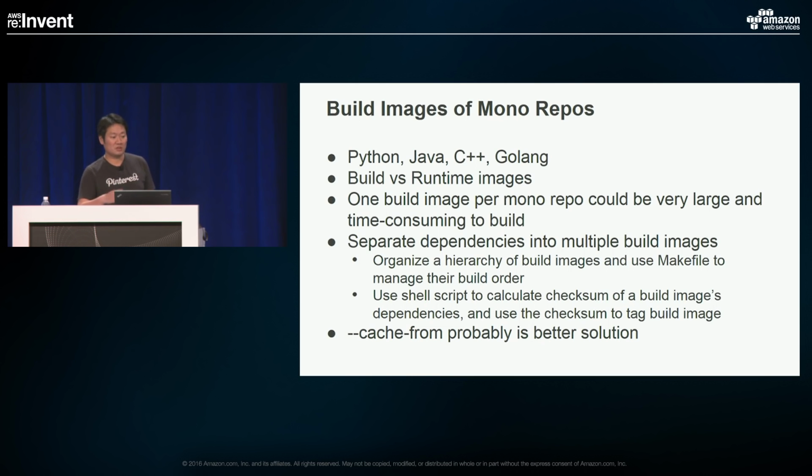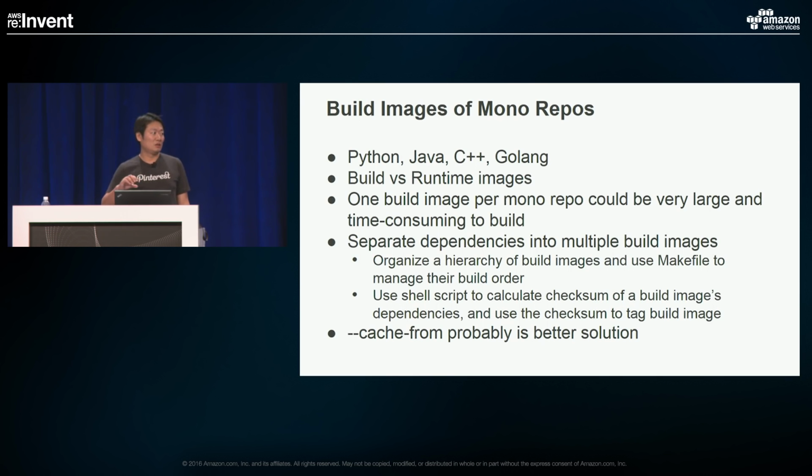The principle is to split one giant image into smaller build images, and move the rarely changed base image into a parent image for other child images. We use a makefile to manage the build order of them, and we use a special way to tag the image: the checksum of the dependencies.